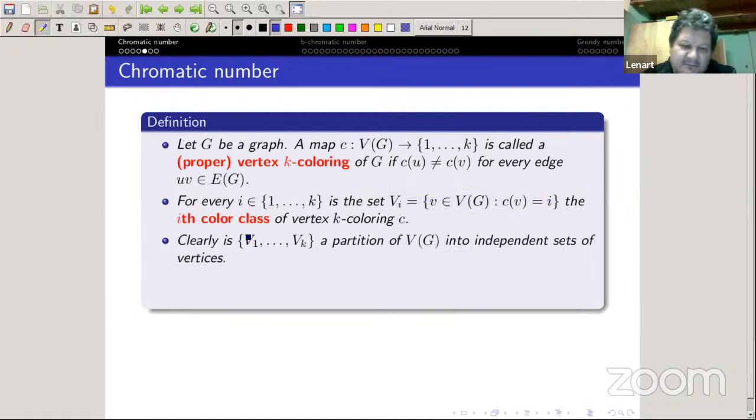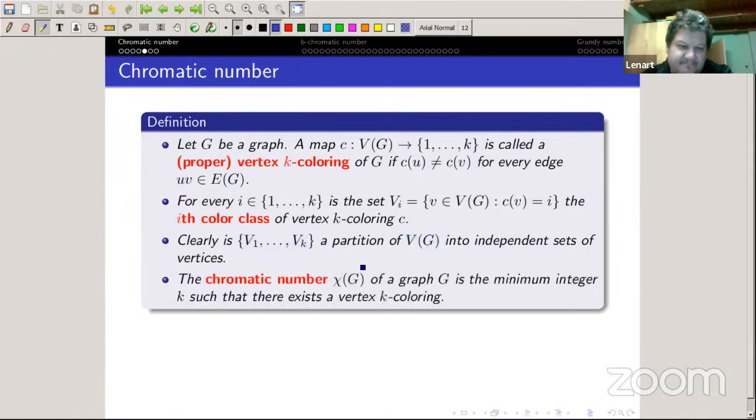So the sets from V1 to Vk form a partition of the vertex set, which is, I believe, clear. And now, what is the chromatic number? The chromatic number is denoted by chi of G. And this is the minimum integer k for which there exists a vertex k-coloring. So the smallest k for which we have a coloring.